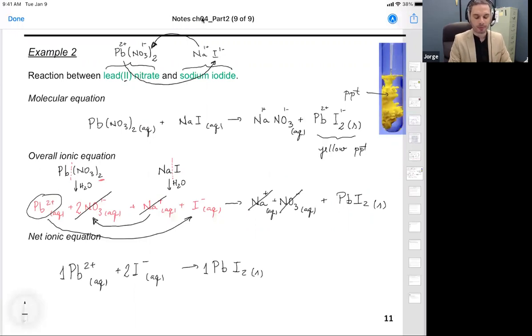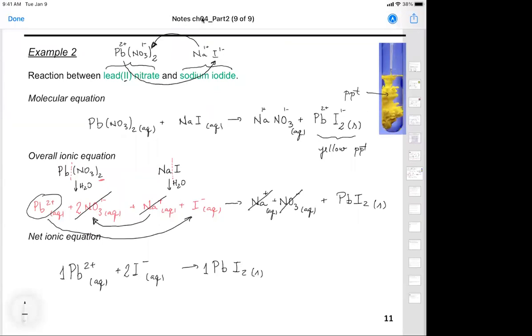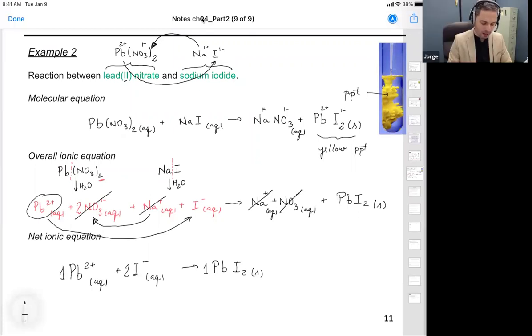Is there any questions? So does it not matter that there's 2 nitrate ions on the left side and just 1 on the right side? No, it doesn't matter because you have to balance the reaction at some point. You will see that they will show up 2 and 2 on products and reagents. So it doesn't matter.